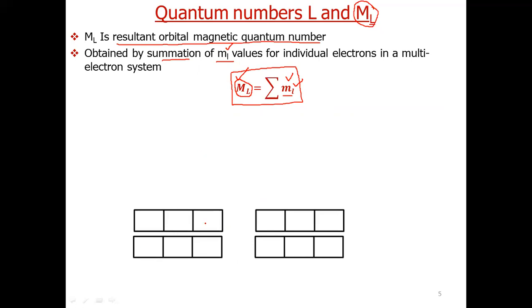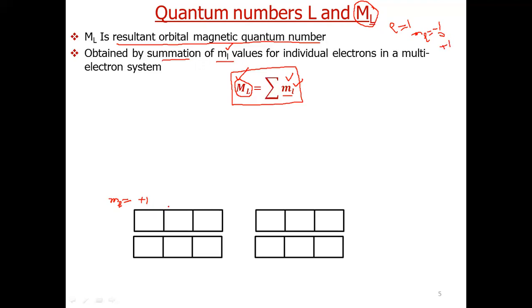Let us see how. Suppose these are 3 p orbitals. So I am writing here the small ml value. As we know, for a p orbital, L is equal to 1. So ml has 3 possibilities: -1, 0 and +1. That's why there are 3 p orbitals.